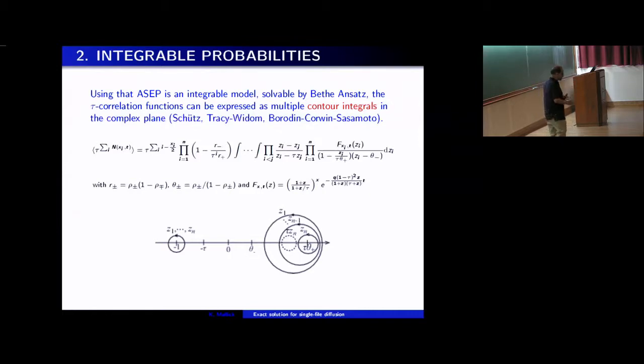So here comes integrability. You express your correlation function as a big, but finite, complex integral, which in fact is nothing but the Bethe ansatz.